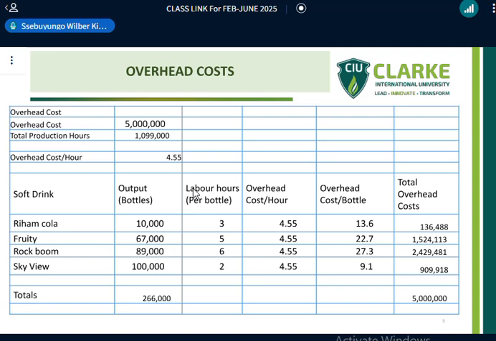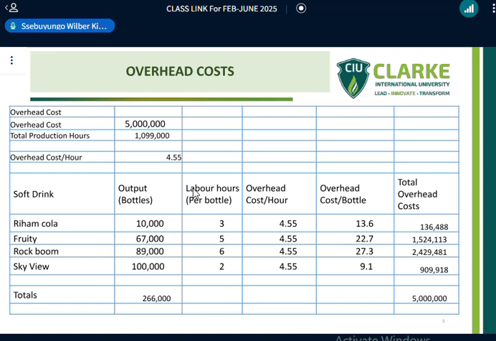When you read the question we have on our desk, it shows that the overhead cost for the period is 5 million. Hopefully you have seen that statement. So you put the 5 million somewhere; that is the cost for the period called overhead cost.